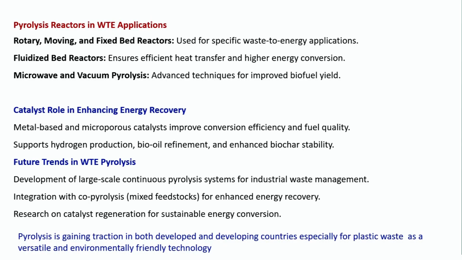And these pyrolysis reactors, particularly when we talk about waste to energy applications, can be rotary, moving and fixed bed reactors, as we have seen in the picture of how the waste is put into the reactor. So they may be rotary, moving and fixed bed reactors used for specific waste to energy applications.